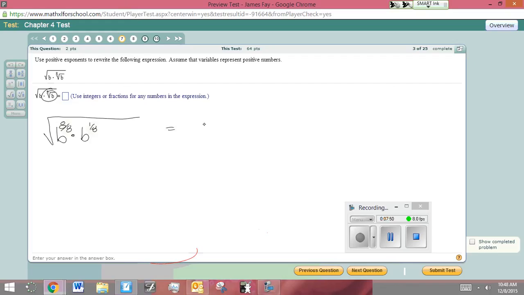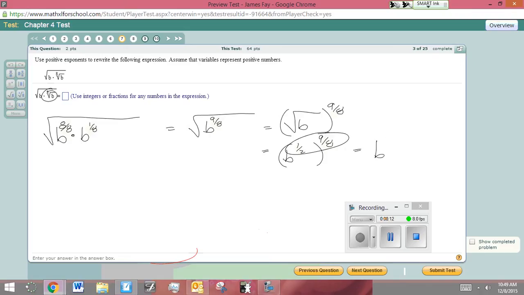So I get the square root of b to the 9/8. We talked about how we can do this, which then gives me, square root of b is the same thing as b to the 1/2, raised to the 9/8. Now I've got a power to a power, and I get b to the 9/16 when I do that. And that's what they're looking for as the answer.